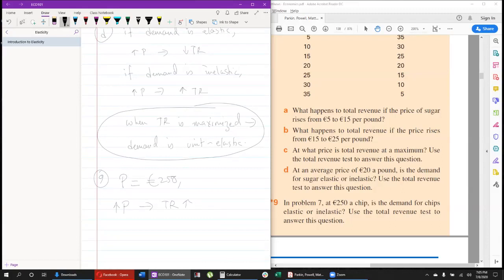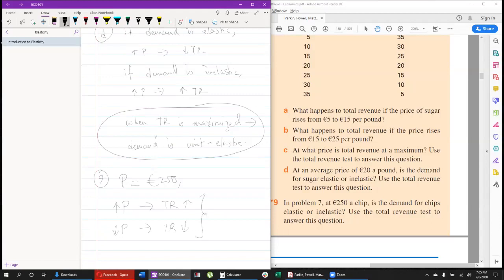So at price 250, you are going to have a total revenue. If you increase the price and go to 250 and then calculate your total revenue, you're going to see that it has increased. Similarly, from 250, if you go back and decrease your price, so if price goes down, you're going to see that total revenue has gone down.